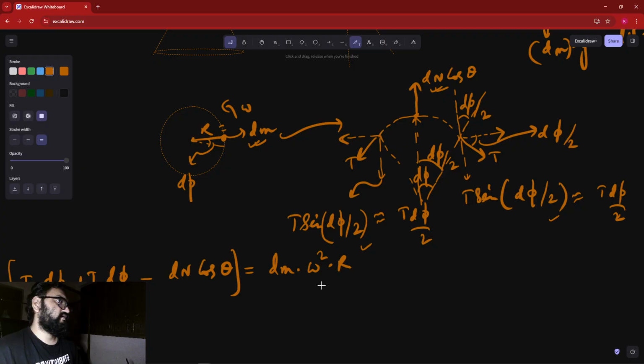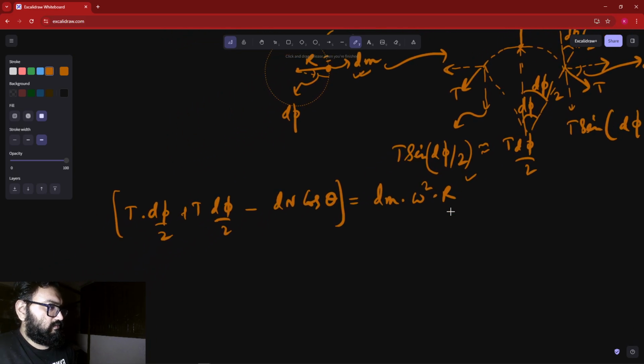Because this small mass dm was also rotating in a circular path of radius r. So the centripetal force needed for its motion in the circular path is equal to dm times omega square r. All right. I can simplify this.